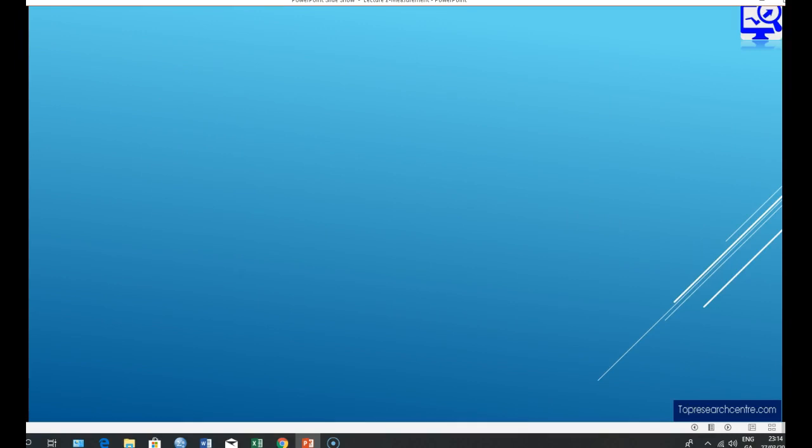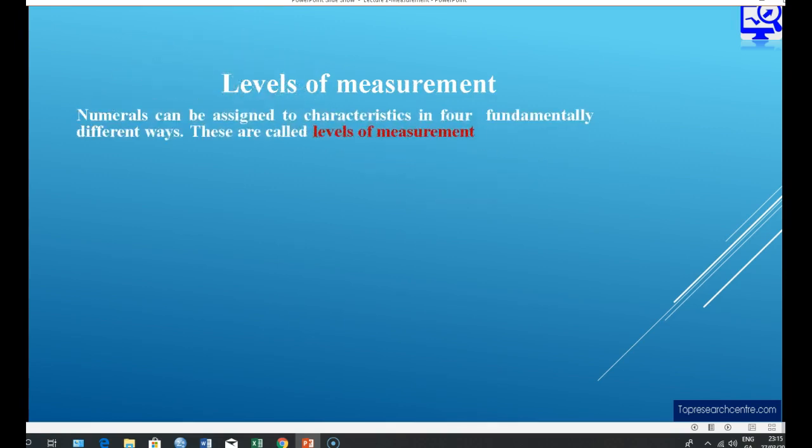So as I have already said, we are concentrating on levels of measurement, and there are 4 levels of measurement which we have. These 4 levels of measurement are nominal, ordinal, equal interval, and ratio.